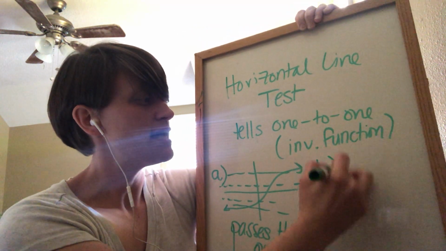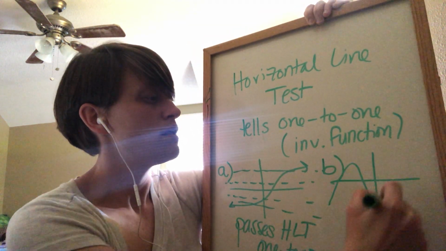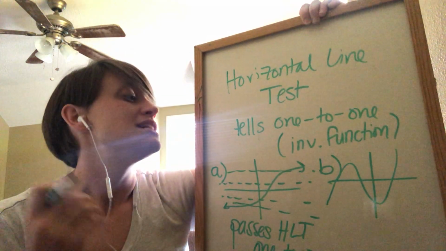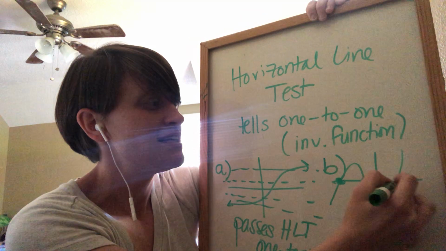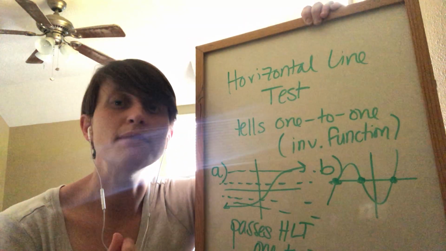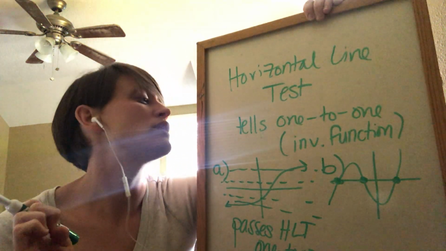Okay, let's look at this next one. This one obviously does not pass the horizontal line test because it can't even pass the x-axis test, right? It passes through the x-axis 3 times, which means we have 3 points that have 0 as a y-coordinate.